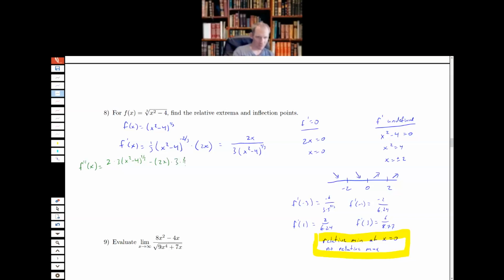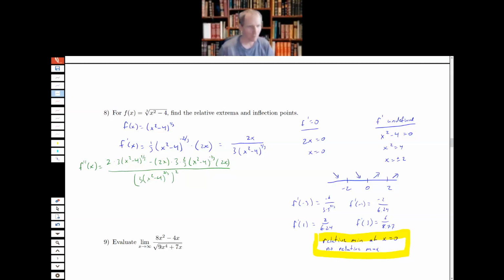So we have 3 times 2/3 x squared minus 4 to the negative 1/3 times the derivative of the inside stuff. And all of that is over the bottom squared.